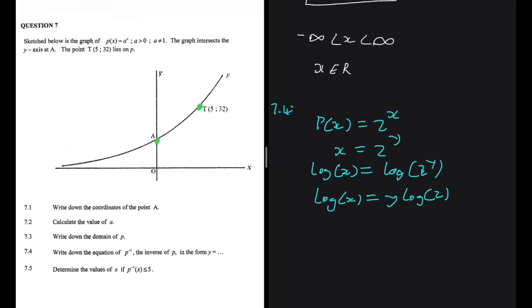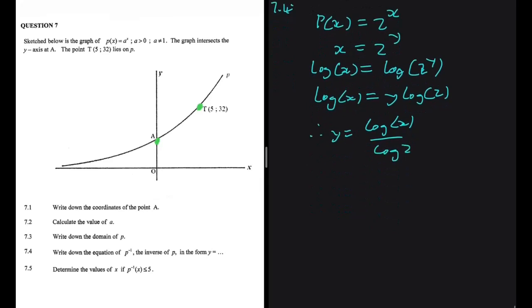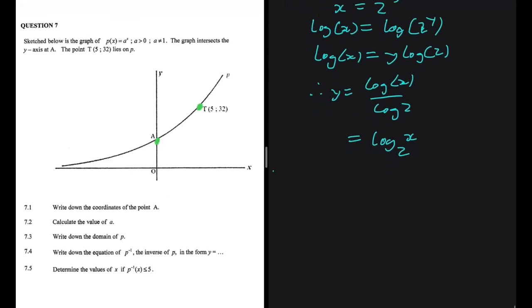It's easy to see now that we're just dividing both sides by log of 2. So we get y is equal to log of x divided by log of 2, right? And we can further simplify that into log of x base 2, right? And just like that, we have our inverse in the form of y is equal to.